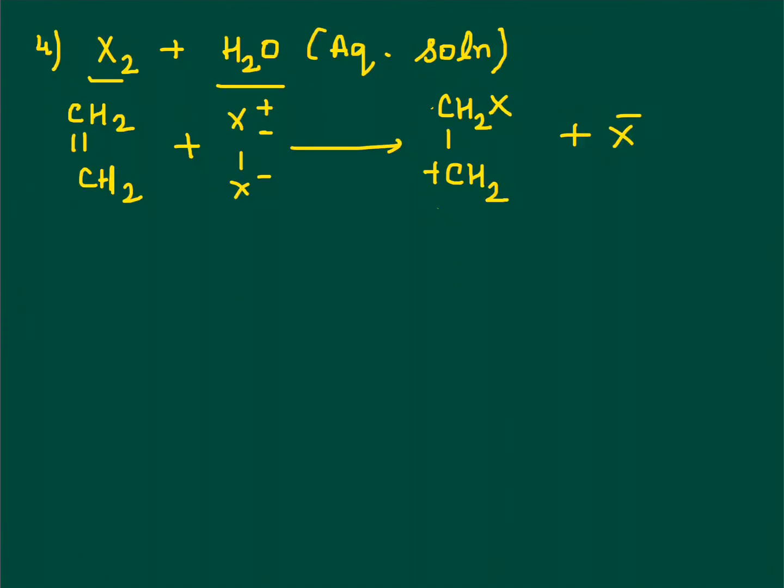Now the next step is the halogen coming to CH2 in order to bind with it. No way. What have we got? We've got these bullies over here. Who are these bullies? These are the water molecules, and they surround this halogen from all sides, and they say, no way, we are not letting you approach.